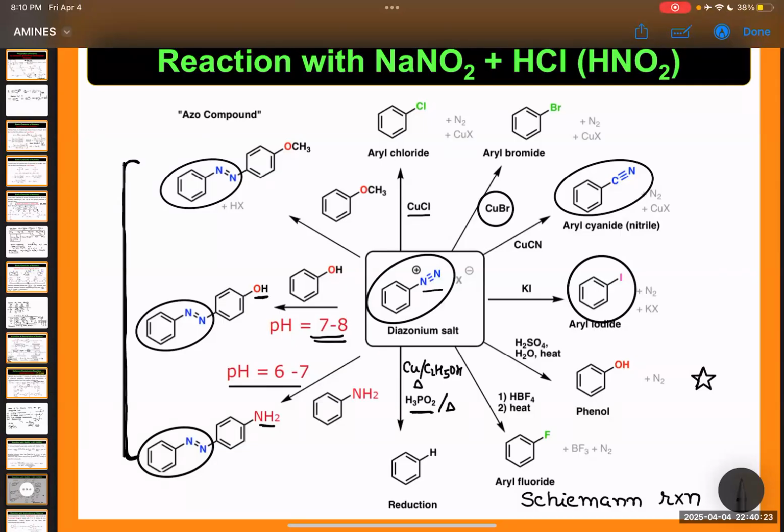These are diazo coupling reactions and they are colored. This is an orange colored compound. These are basically dyes. And this is yellow. So I hope this is clear to all of you. Any doubts in this?